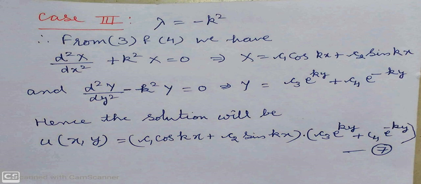Here again c1, c2, c3 and c4 are arbitrary constants. So the final solution will be given by equation 7. This is the required solution of the Laplace equation in two dimensions.